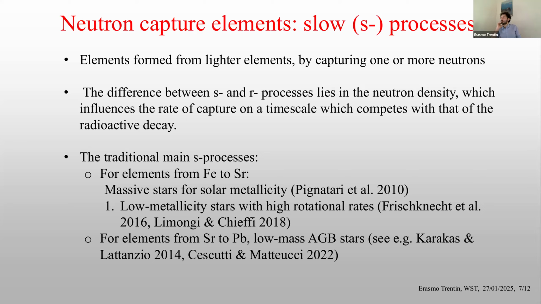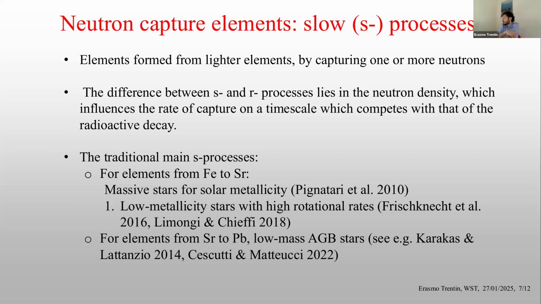So depending on the flux of neutrons and the time scale of the beta decay, you can have either a slow process or a rapid process. But in theory, the process itself is the same, which is the capture of neutrons.